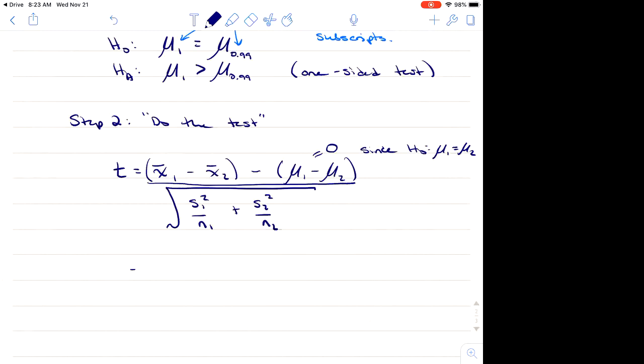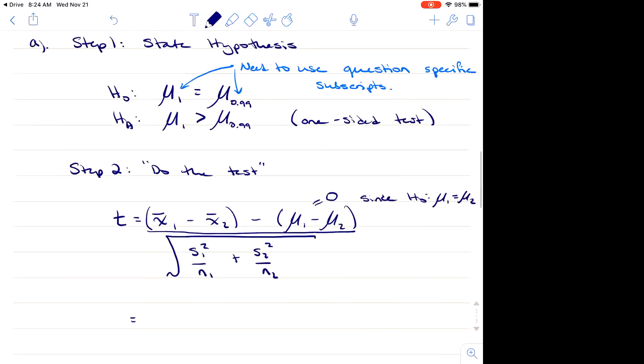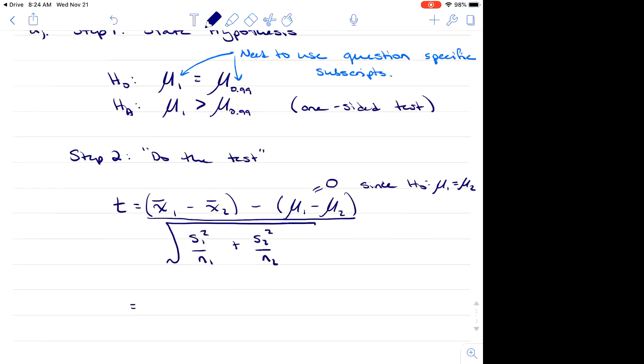So we can calculate this. I was going to make a note about, because here I'm being sloppy, I'm not using 0.99. The only important spot is in your null and alternative hypothesis.